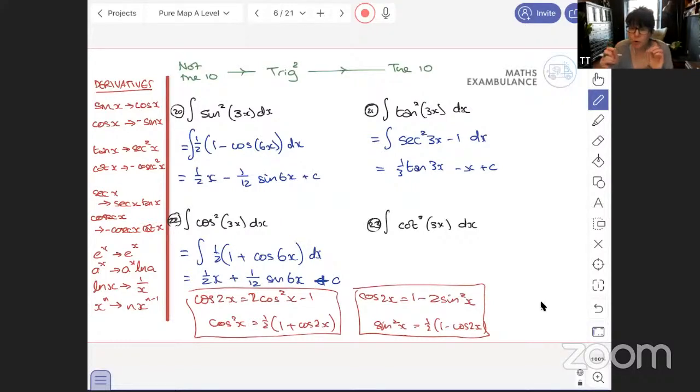Yeah, Ibrahim, you're quite right that I've made it much easier to integrate, but it's actually more powerful than that. I've made it able to be integrated, not more easy to integrate. Literally, I've made it possible to integrate it. These are the only things we can integrate: cos, sine, sec squared, cosec squared, sec tan, cosec cot, e to the, a to the, 1 over, and x to the.